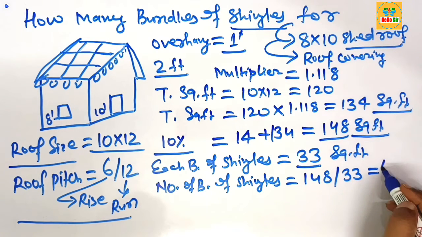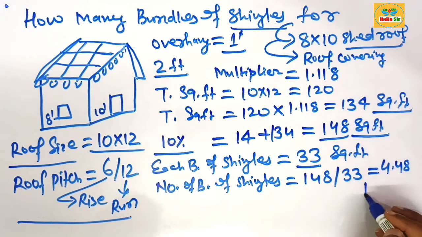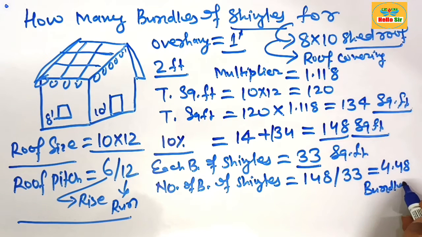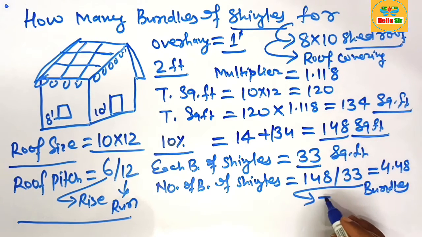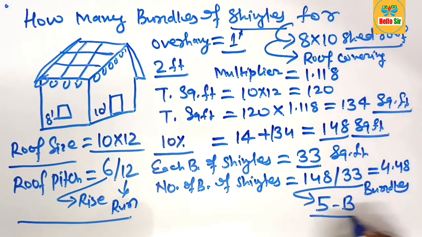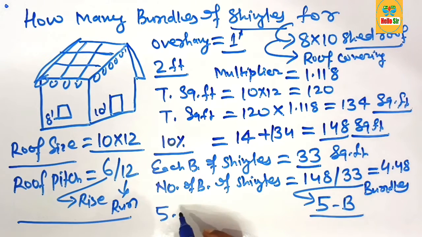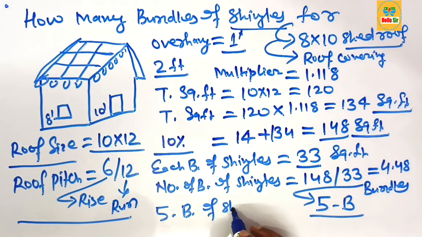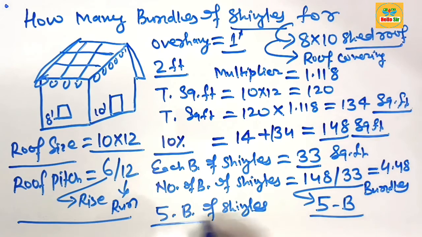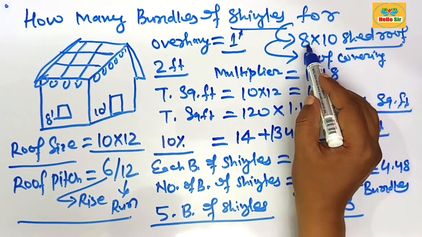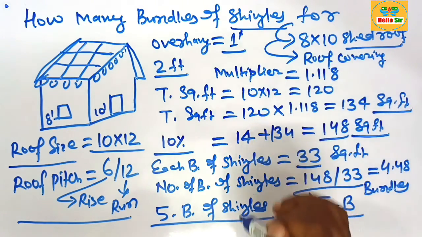That will come to about 4.48 bundles. Rounding this figure, it is equal to 5 bundles. It means you need approximately 5 bundles of shingles material to cover an 8 by 10 foot shed roof. Thank you.